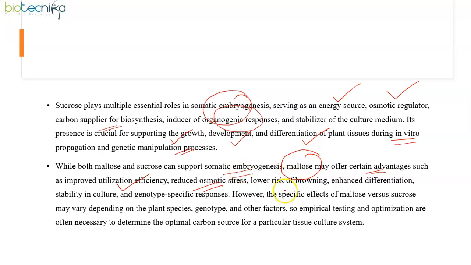So maltose reduces the risk of browning, and gives enhanced differentiation, stability in culture as well as genotype specific responses. The specific effect of maltose versus sucrose will vary from species to species, genotype and many other factors. But yes, because of these properties, maltose can be considered a very good alternative for sucrose.